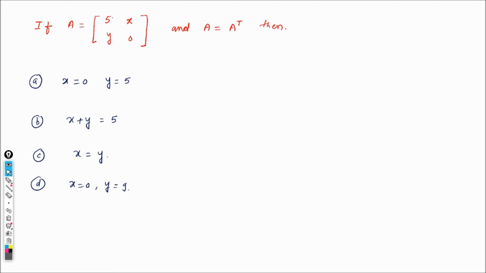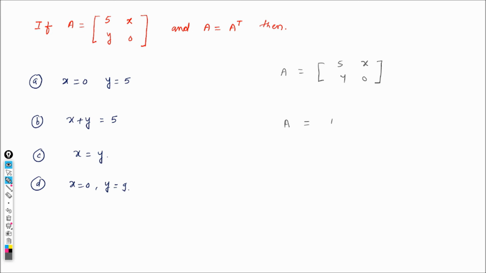So if A is equal to this given matrix and A is equal to transpose of A, then we have to find the value of x and y. We can say that A is equal to 5, x, y, 0.